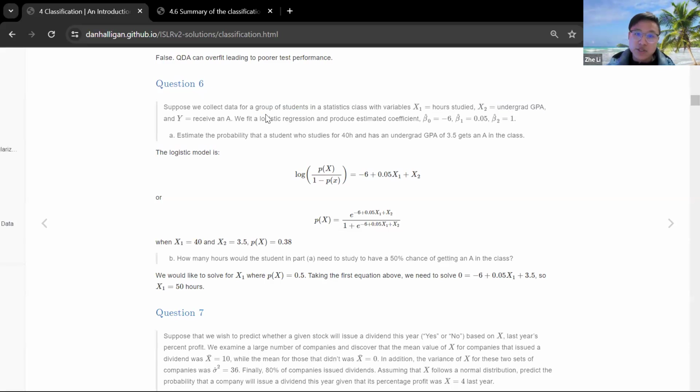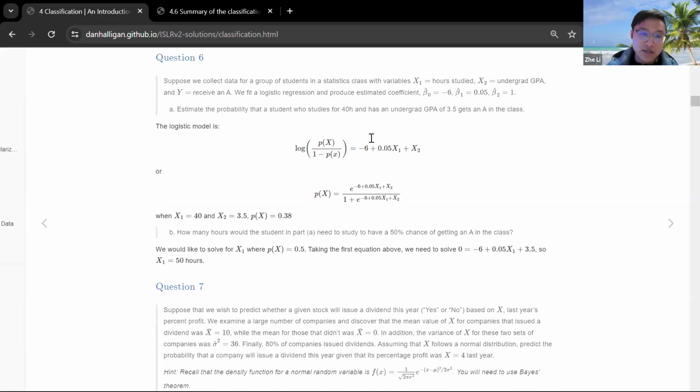We use logistic regression with three coefficients. The intercept coefficient is -6, the one corresponding to the first predictor, hours studied, is 0.05, and the one corresponding to the undergrad GPA is 1, which means that these two predictors are positively related to the probability of a student receiving an A in this class.